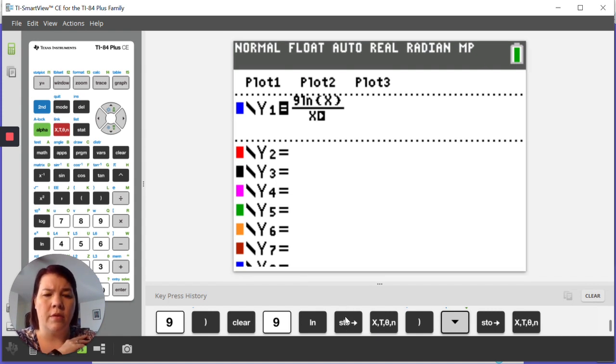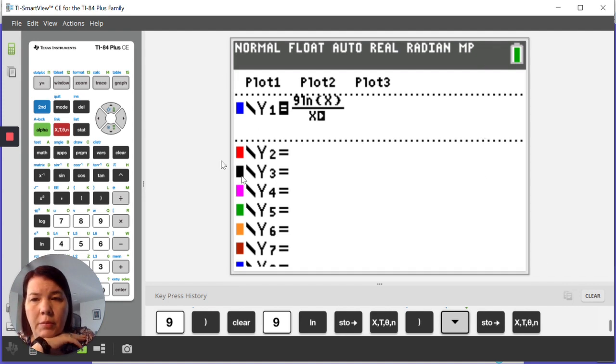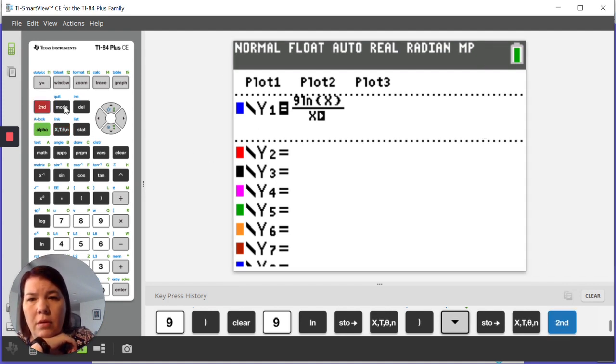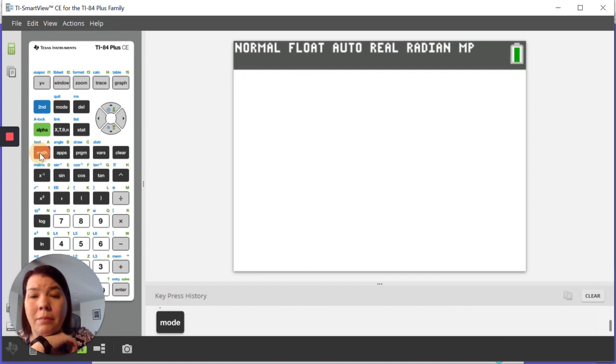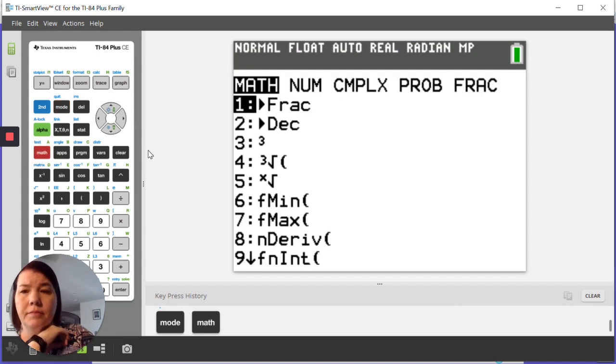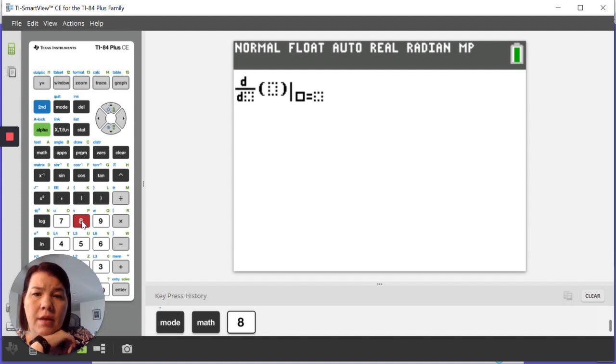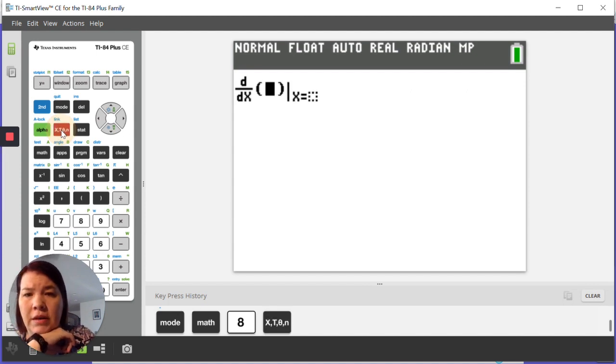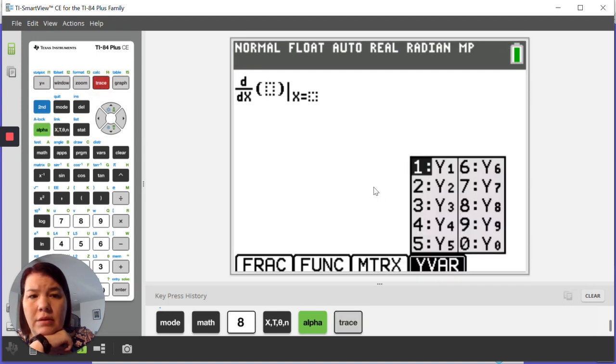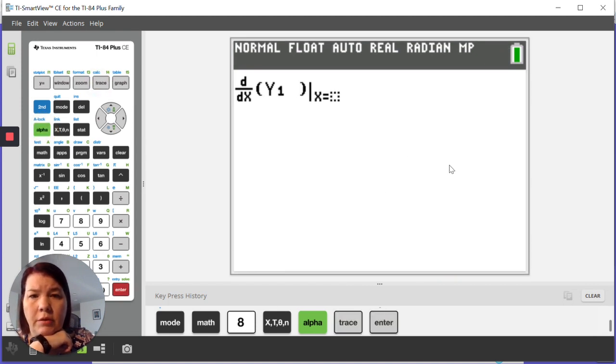Starting from the 9 and leaving out the extra symbols, that's how I type that in. Now I'll click math and then the number 8, and take the derivative with respect to x of y1, when x is 40.